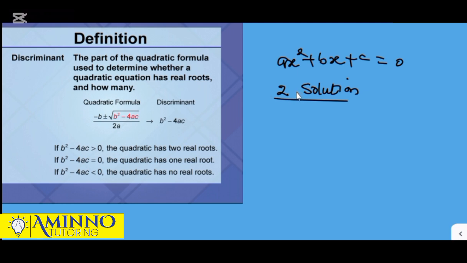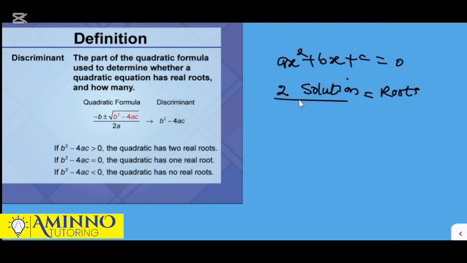Now, we want to know the nature of the solutions. These solutions are called the roots of the equation. How do we determine the nature of the roots? What can be your conclusion of the roots of a quadratic equation? Is it real and equal?